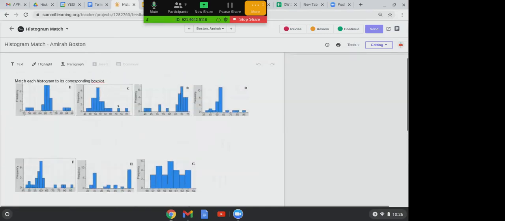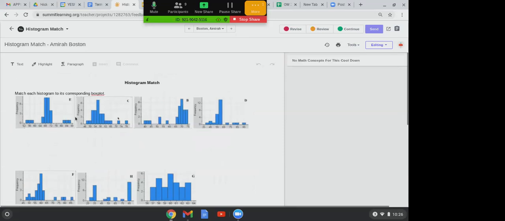Again, you will look at the graph and you are going to look at everything. So for C, you are going to notice that C starts somewhere like maybe 47. The bulk of the data goes to maybe 67. And then you have these 2 things sitting out here away from the data. Those are called outliers.